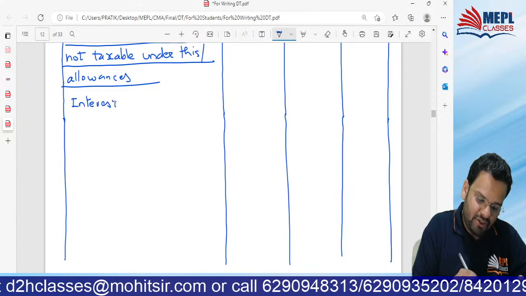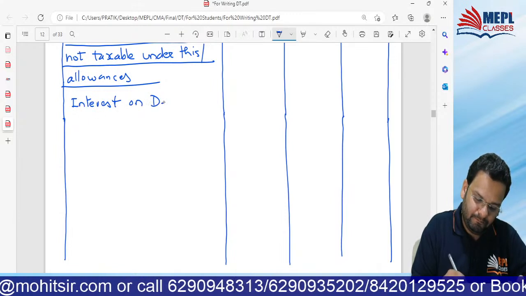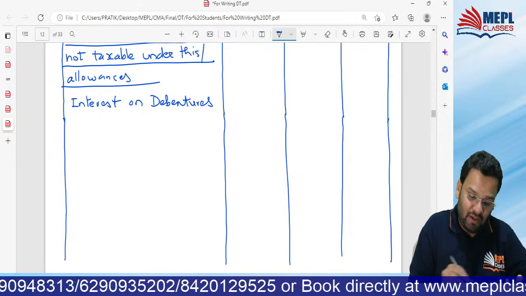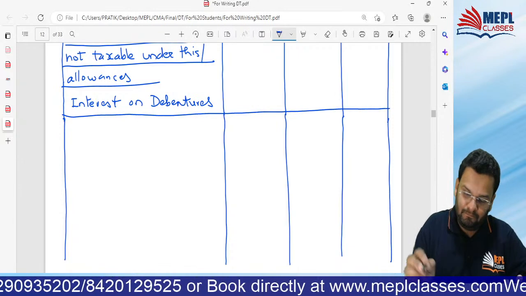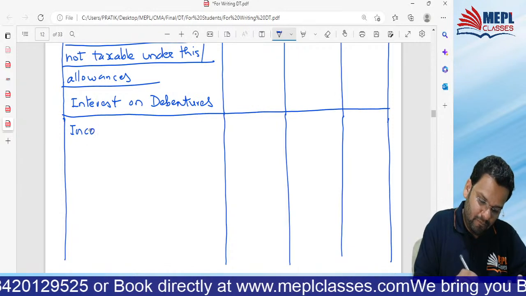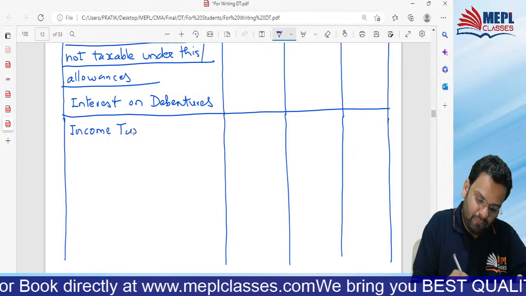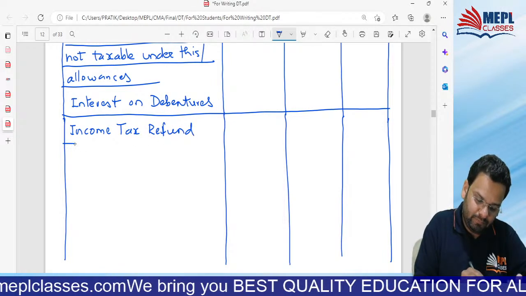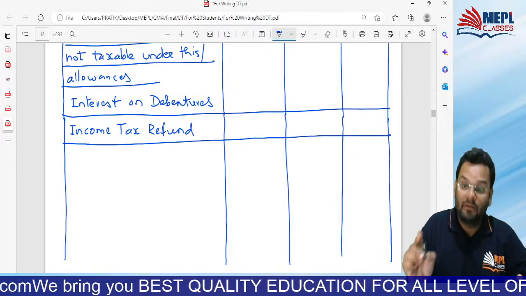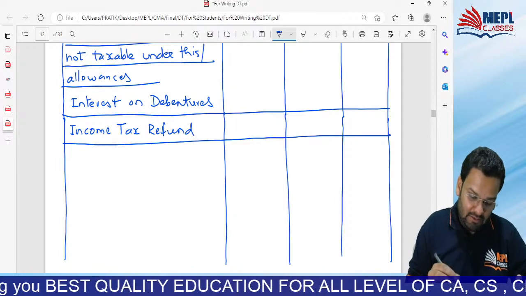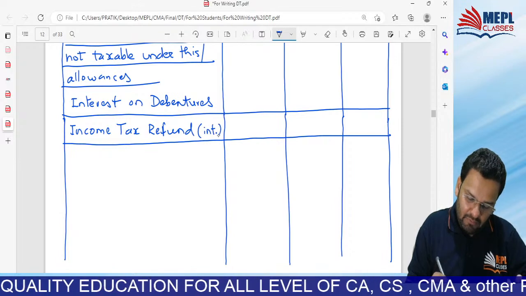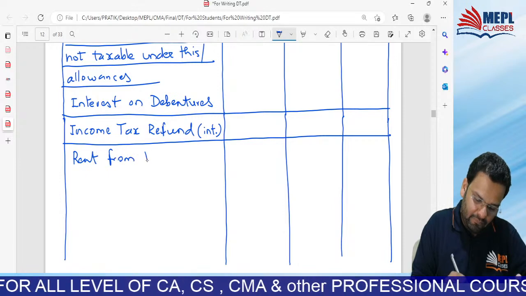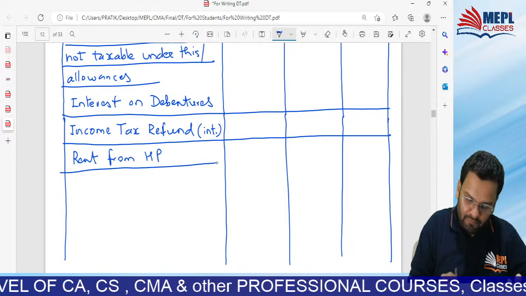Interest on debentures, income tax refund, and rent from house property.